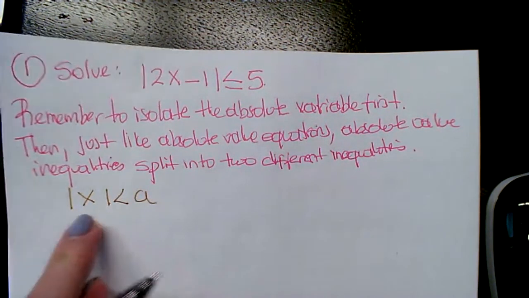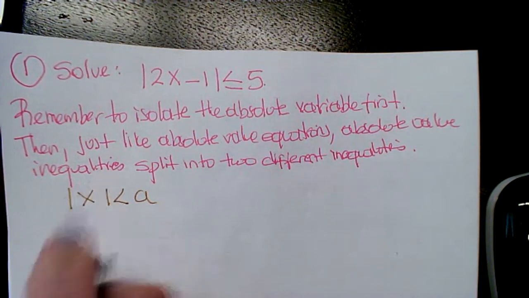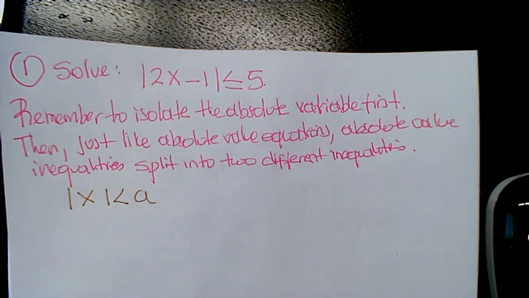So one inequality will be the original, okay? And the other inequality is going to be what? It's going to be always the opposite of the original inequality and the opposite value.